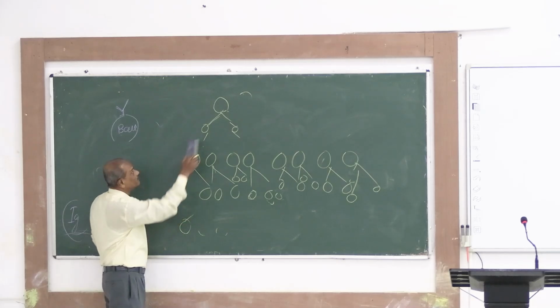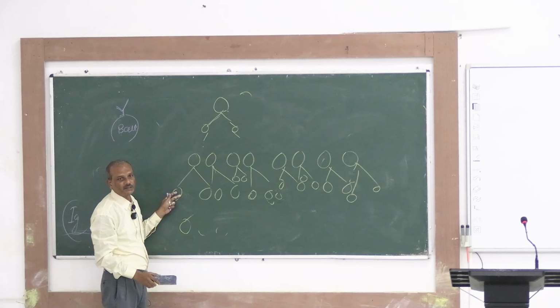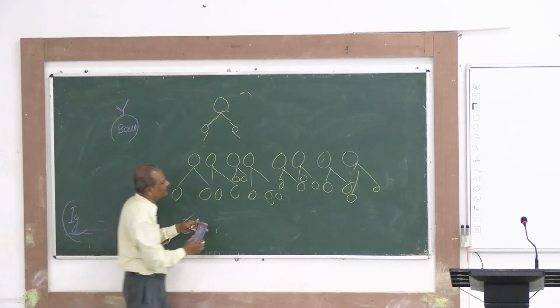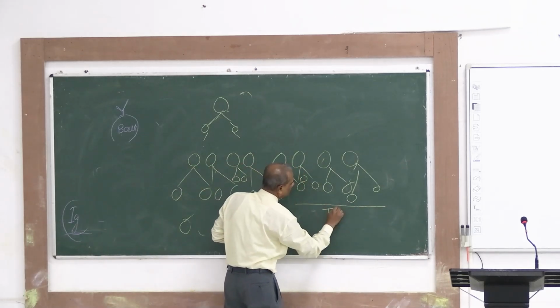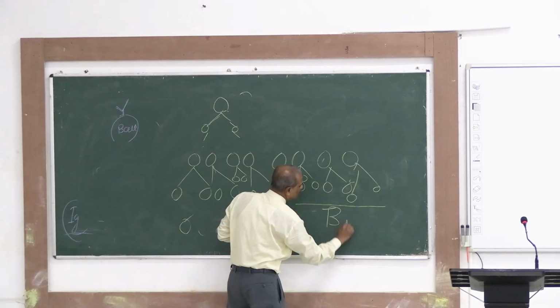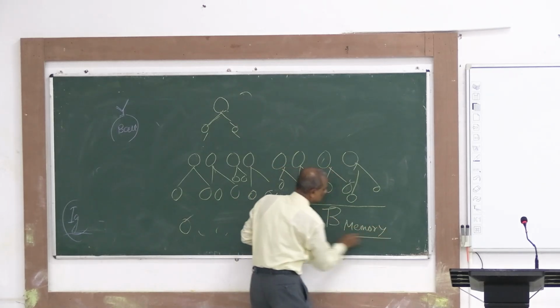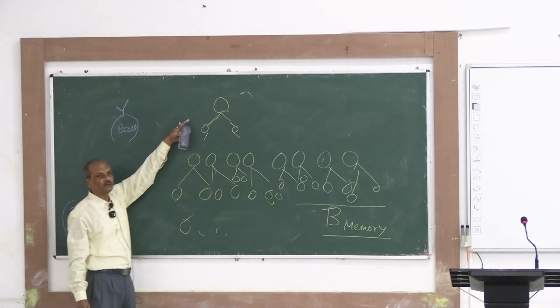Now, this B lymphocyte will be converted into a plasma cell. This plasma cell will produce antibody. A part of these B cells will be recognized as memory cells. Because originally it was 1.